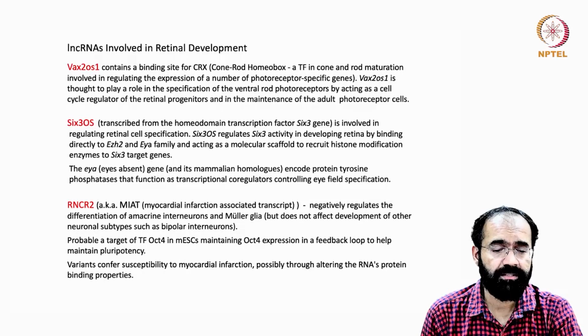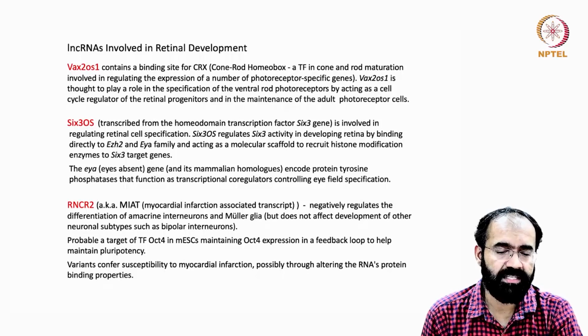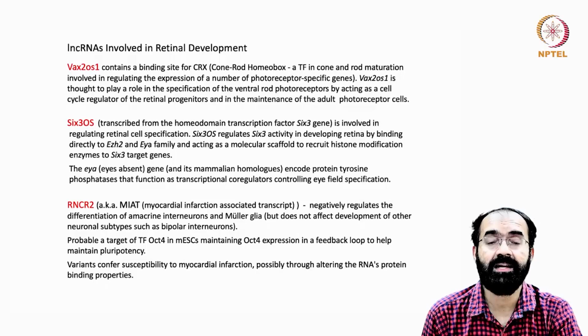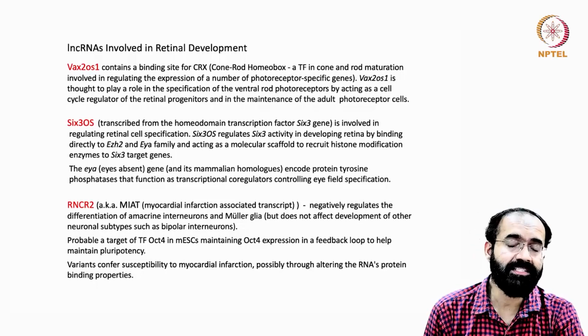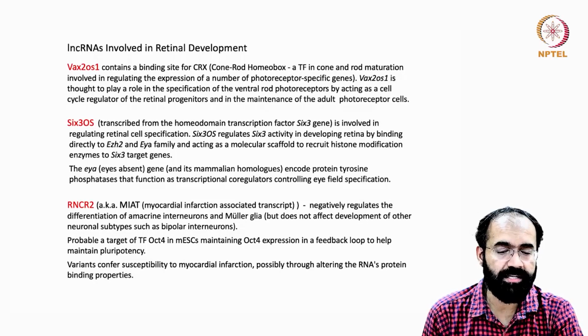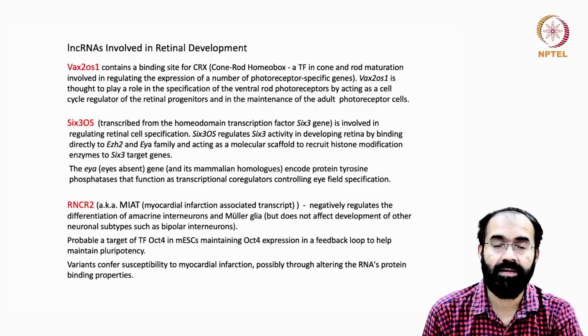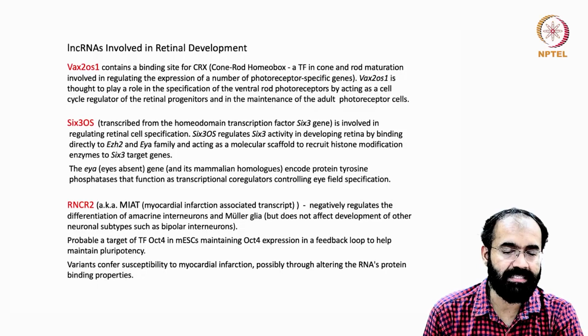Another gene is 6-3OS, that is transcribed from the homeodomain transcription factor 6-3 gene. So it is involved in regulating retinal cell specification. 6-3OS regulates the 6-3 activity in the developing retina by binding directly to EZH2.